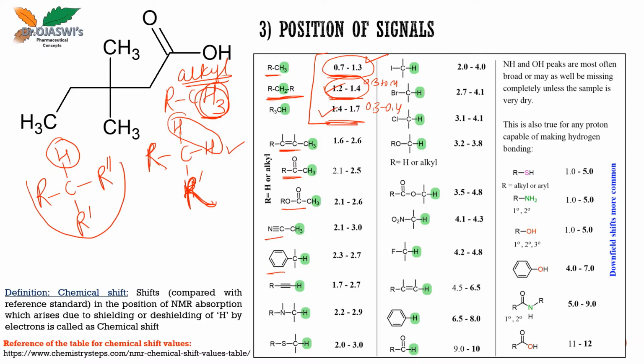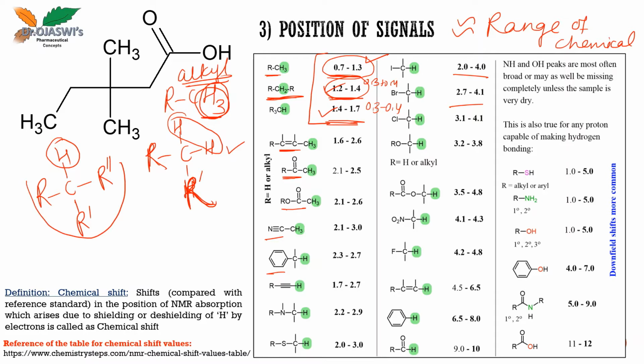So why am I telling you this? Because you don't have to remember all these values always, because whatever values you are seeing here, that is the range, the approximate range of the chemical shift values. Each structure is different.